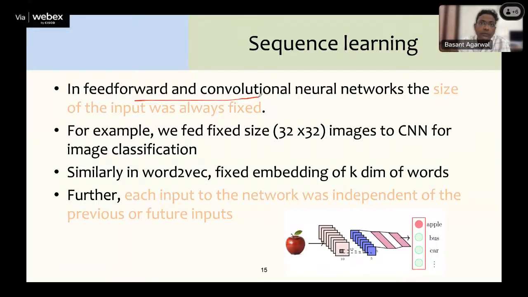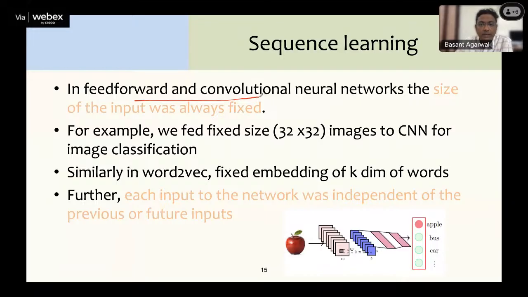If you get sentences of different lengths, you have to use padding to make the input to the network the same size, and padding gives a lot of noisy information to the network, which is not desirable.